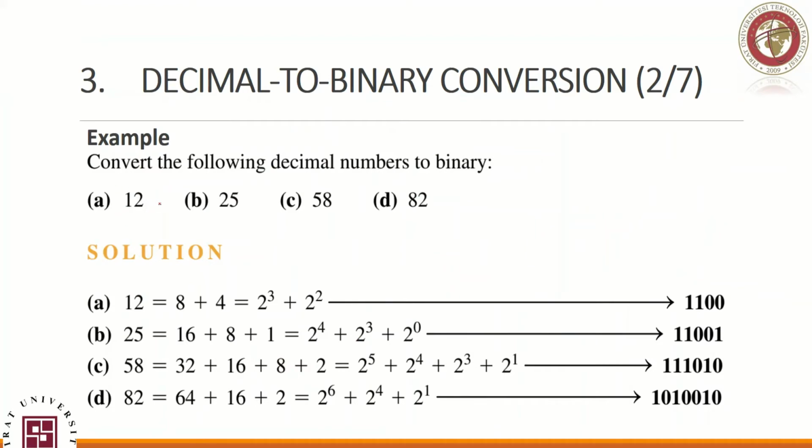12. 12 can be decomposed to 8 plus 4. Or you may say, well, how about 8 plus 2 plus 2? Yes, it could be, but that doesn't work. We need the largest decomposition of positional weights. So 8 plus 4, and in that case, 4 is actually 2 to 2, and 8 is 2 to 3. 2 to 3 and 2 to 2 are stuck to each other, but 2 to 1 and 2 to 0 are not there.